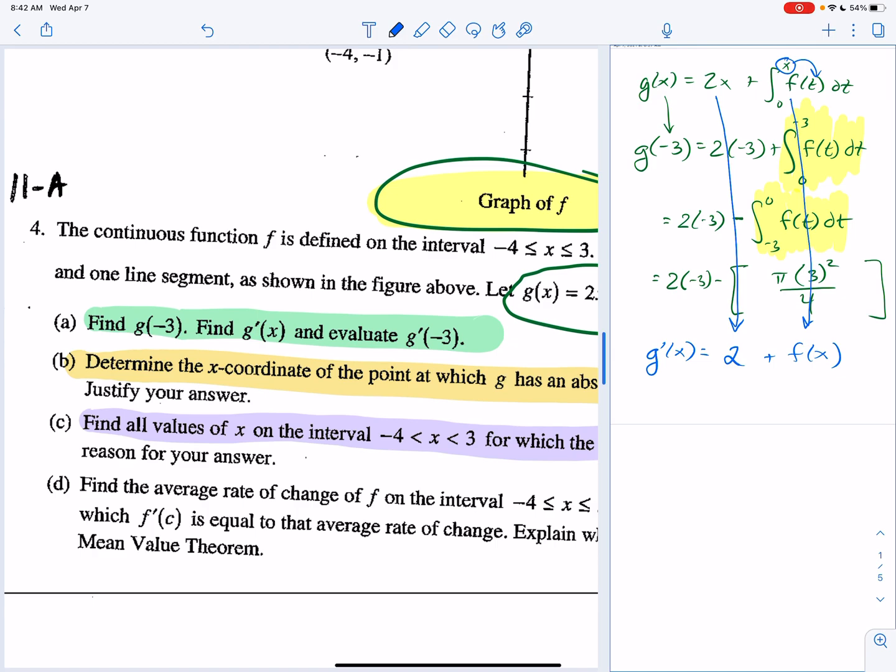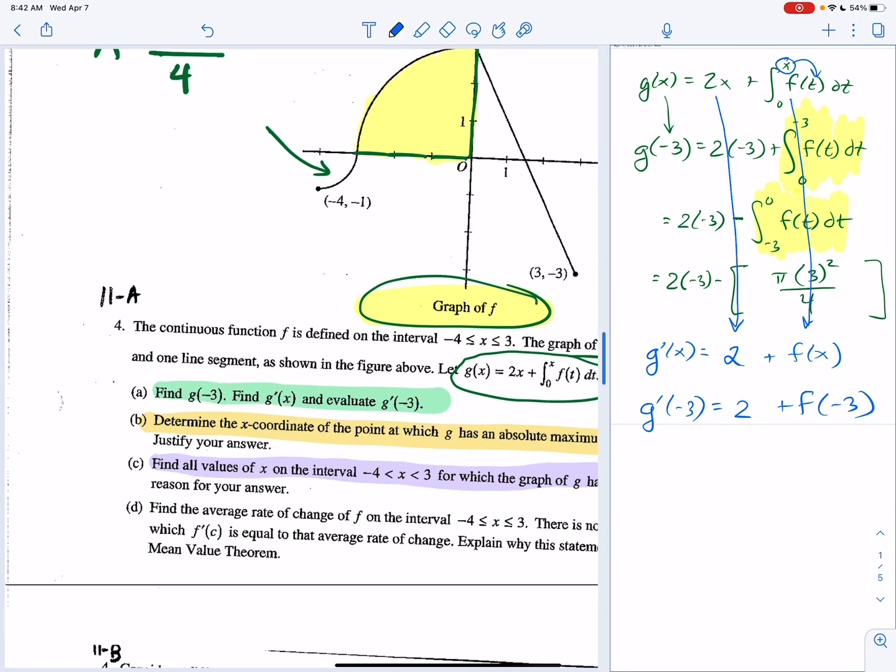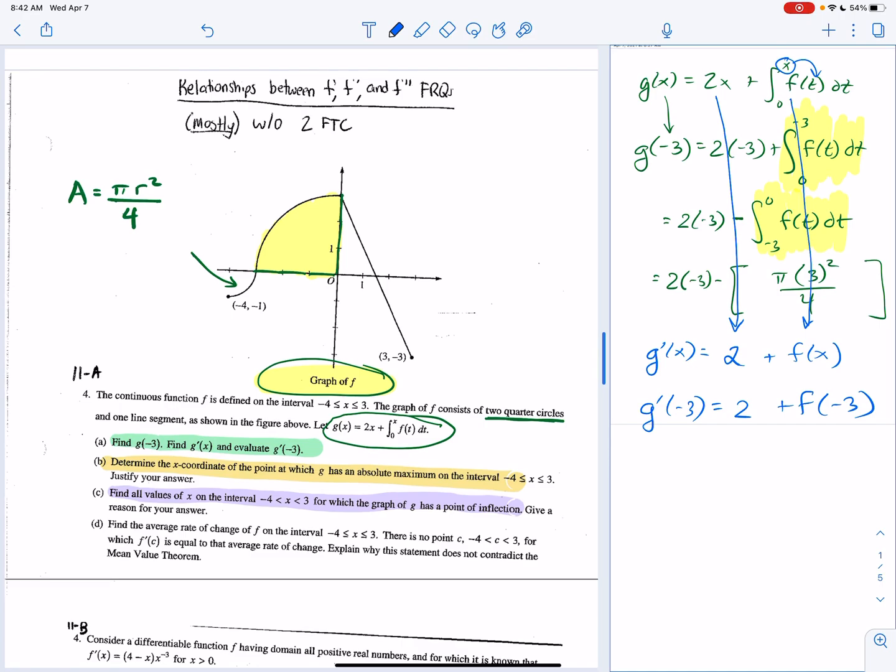Then they ask you to evaluate g prime of negative 3. So I plug in negative 3. Well, how am I going to find f of negative 3? Think about if they provided us that value. Press play when you're ready.